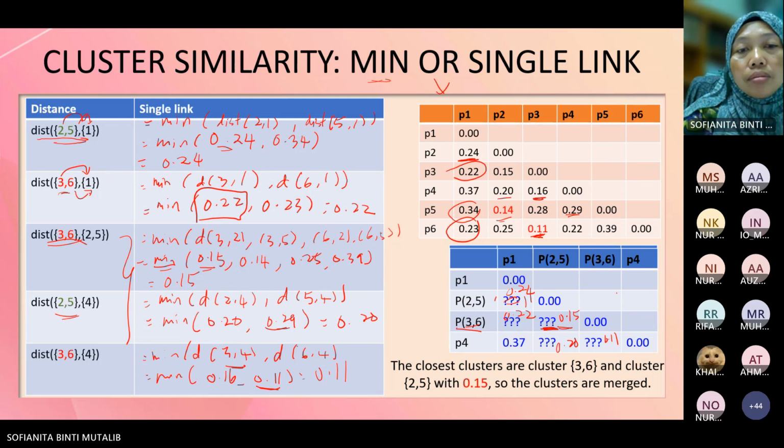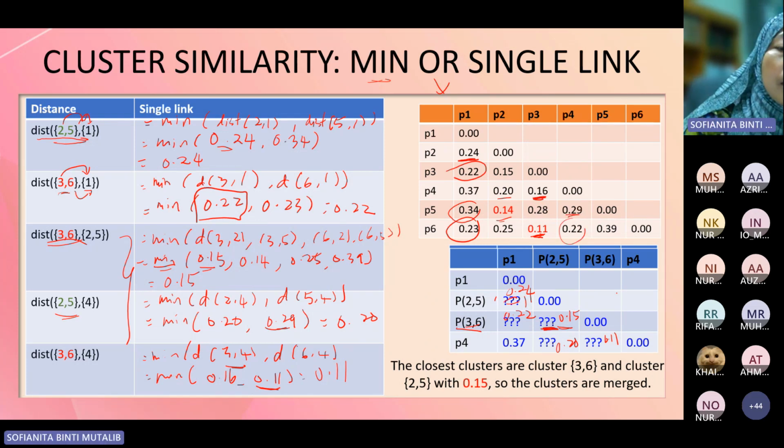Okay. 3, 4, 6, 4. Is this right? 3, 4. What? So this is 2, 2.